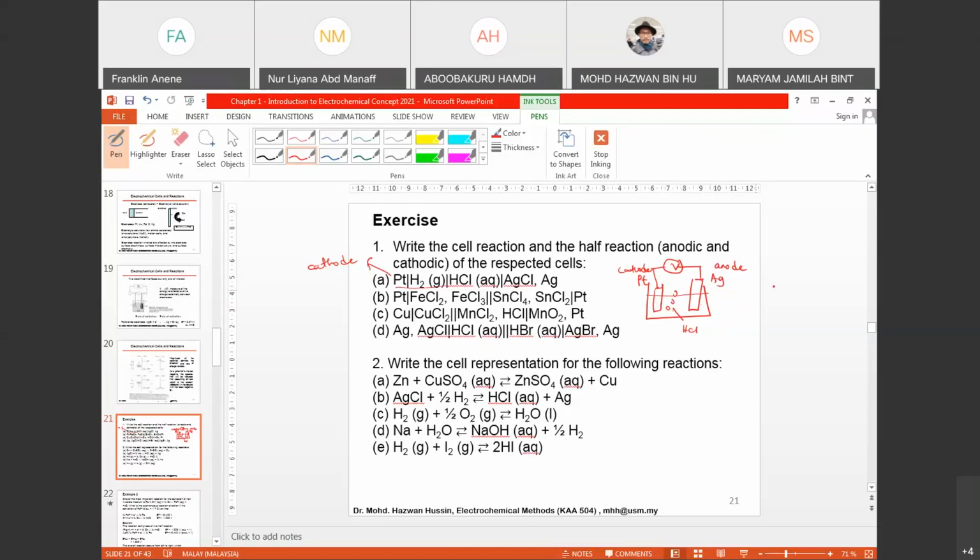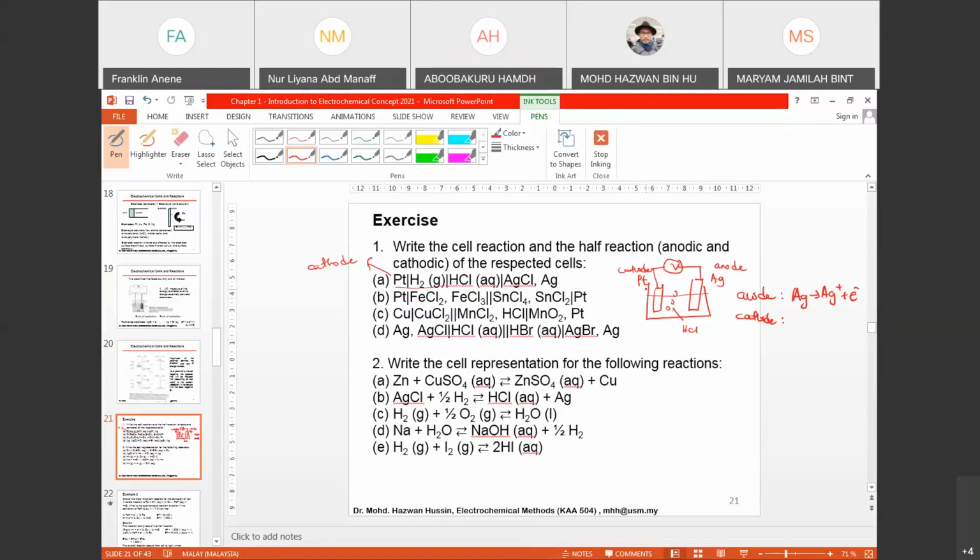So how can we write the half equation? Since you already know this will be anode and this will be cathode, for the anode, the reaction will be silver giving silver plus electron. For the cathode, what kind of half equation should you write?